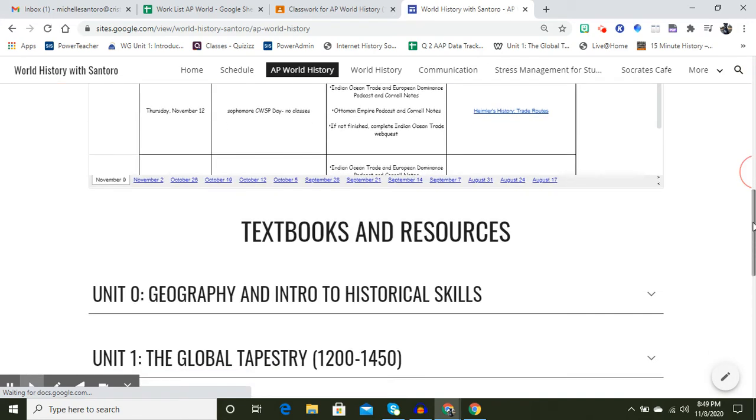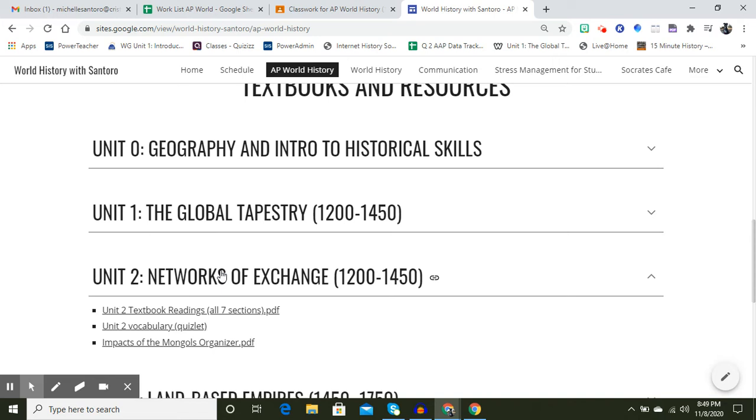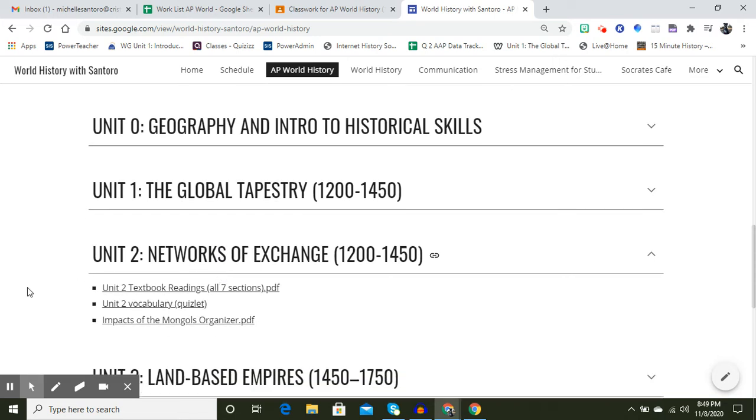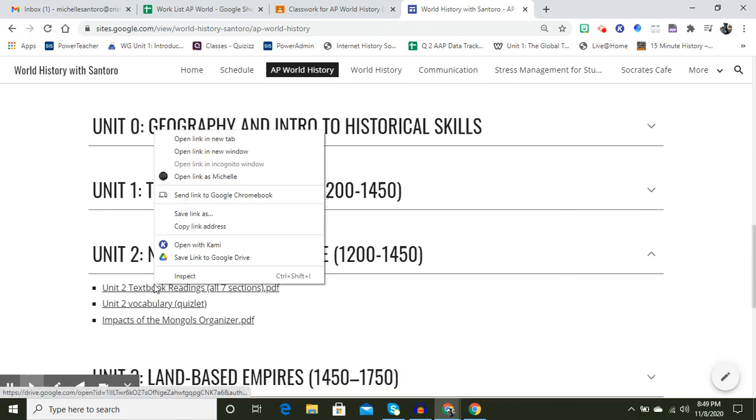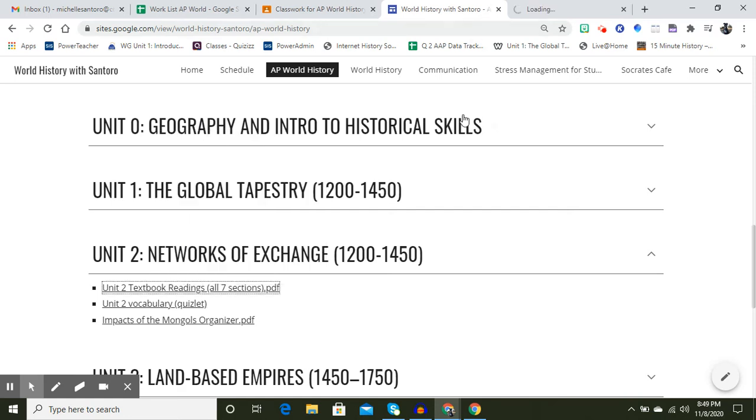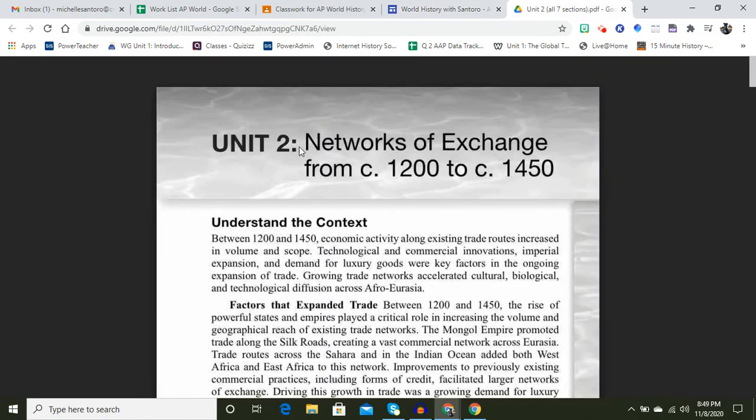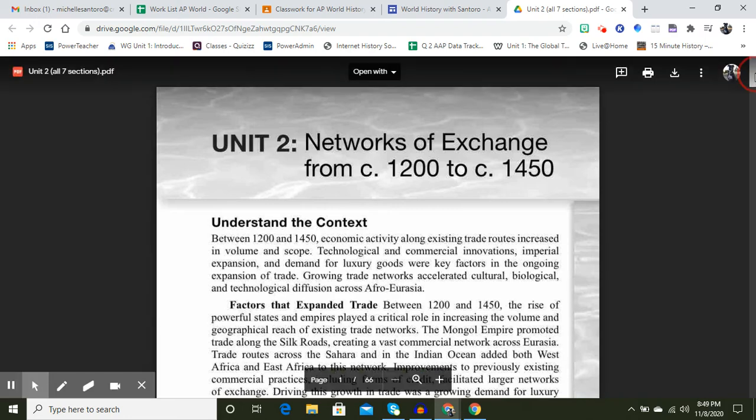So if you've not already looked at these textbook readings, I highly recommend doing so. Also, if you have not yet done the vocabulary or the Mongols organizer, here are some resources to help you out, aka please use this. I put it up there and hopefully you can benefit from that.